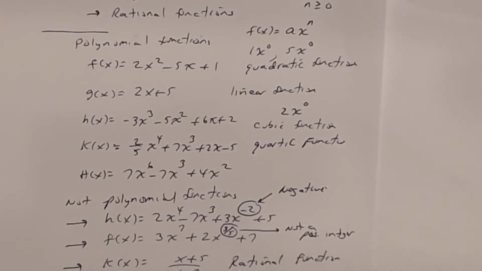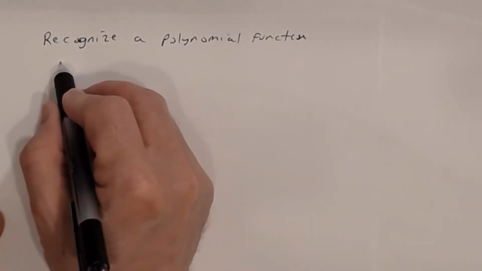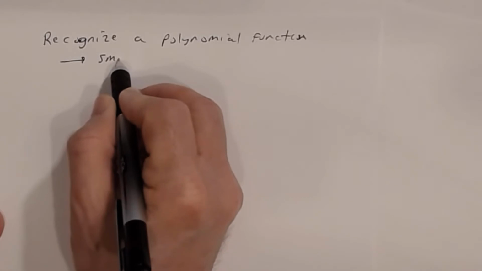Okay, now let's look at this idea. Let's go ahead and discuss how to recognize the graph of a polynomial function. The graph of a polynomial function is going to be a smooth curve.